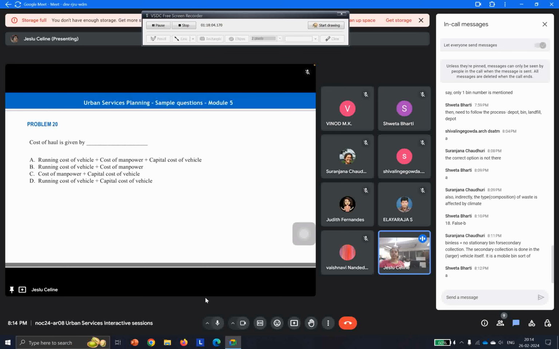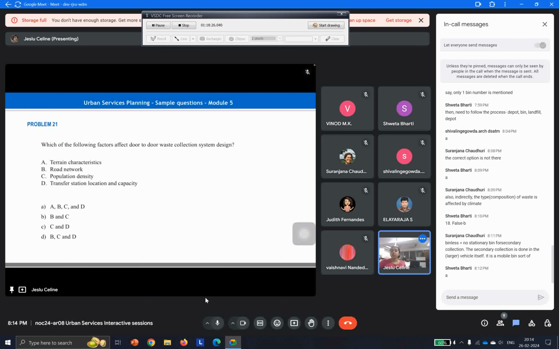B, running cost of vehicle plus cost of manpower. C, cost of manpower plus capital cost. And D, running cost plus capital cost. So A, running cost, manpower cost, capital cost of vehicle. Yes, it is the correct answer, A, because manpower and everything comes under haul cost.